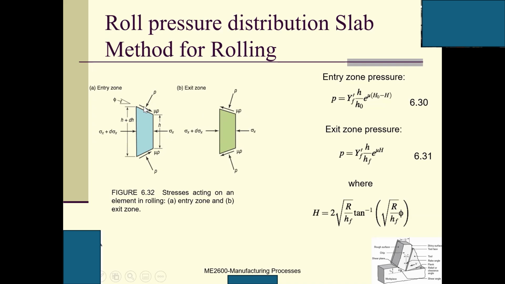For the entry zone, because the workpiece is entering the gap of the roller, the friction goes in this direction. But for this one, because the workpiece is exiting the gap between the rollers, the friction is in a different direction, while the pressure is in the same direction, perpendicular to the surface.